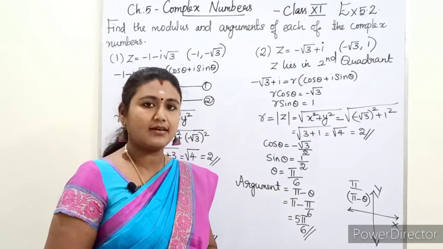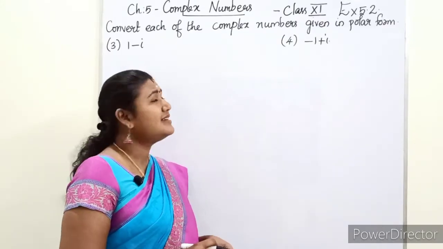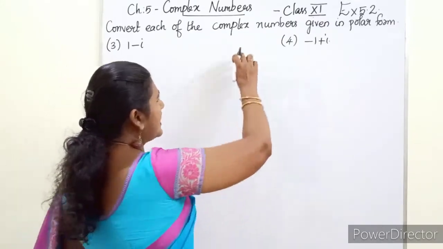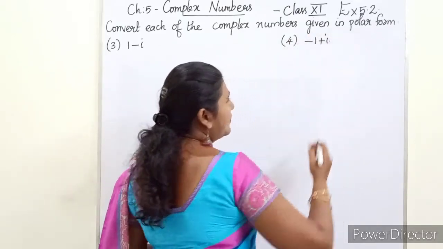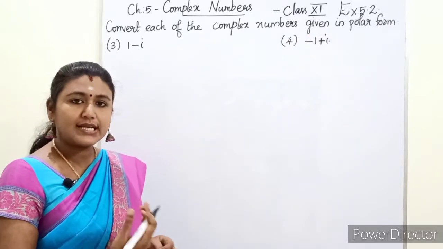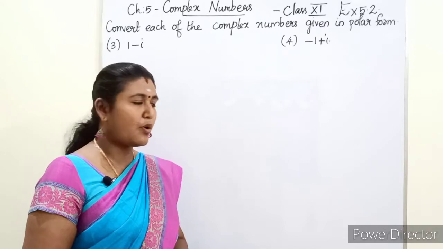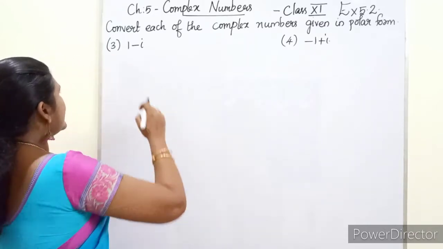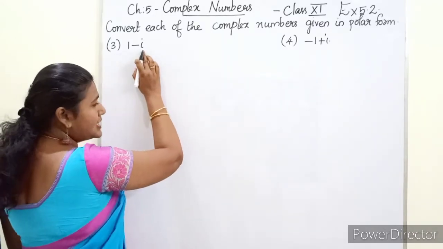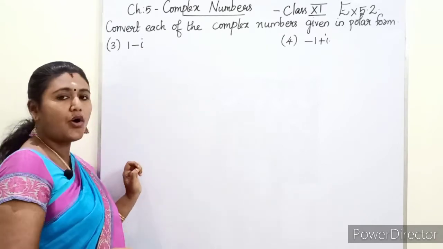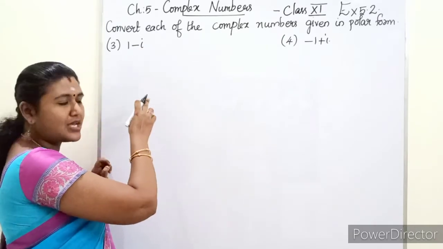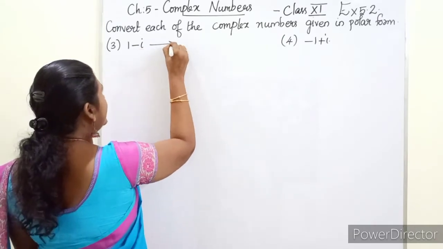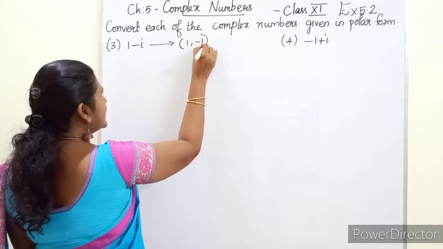Now we will see the third question. Convert each of the complex numbers given into polar form. So we have to represent the given complex number in polar form. The third question is 1 minus i. First we will check what ordered pair corresponds to the given complex number. We can write that as (1, minus 1).